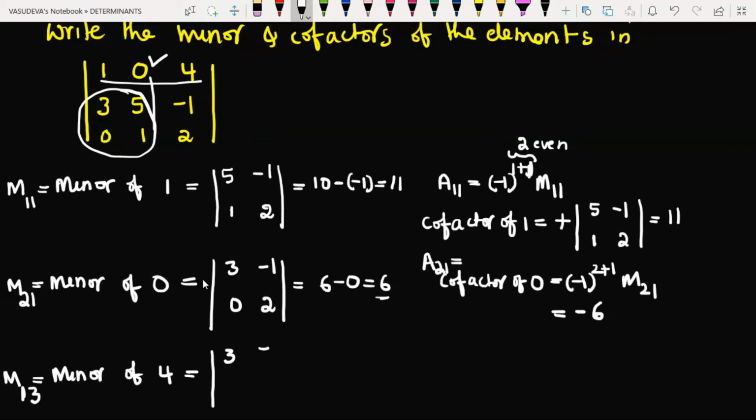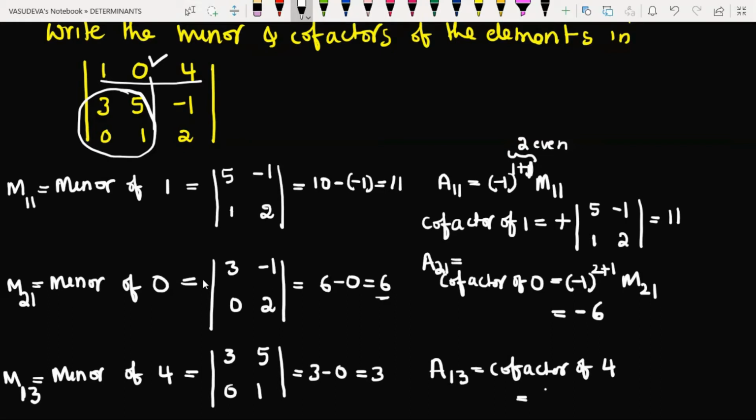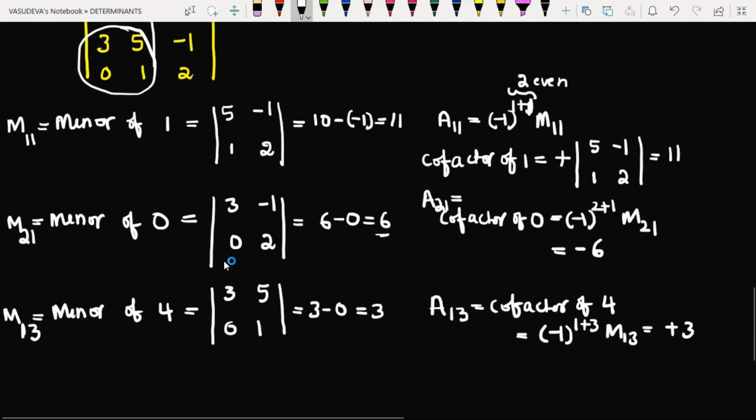The determinant of these elements is 3 minus 0 equals 3. So the cofactor of the element 4 is (-1)^(1+3) times M13. That 1 plus 3 is an even number, therefore it is plus M13, which is 3. So it is 3 only.